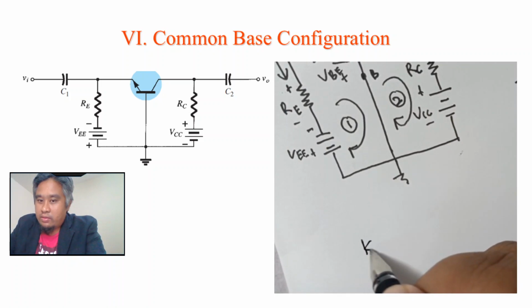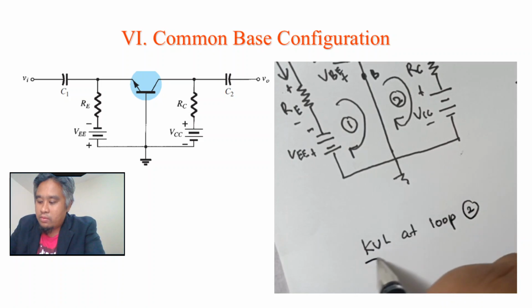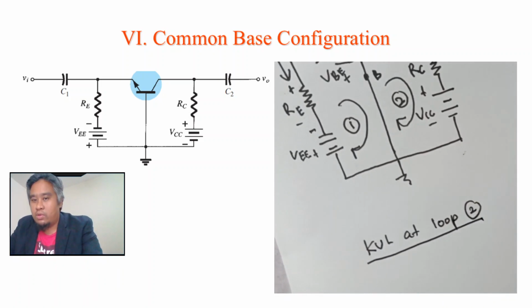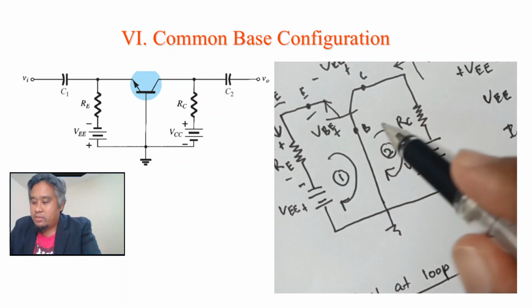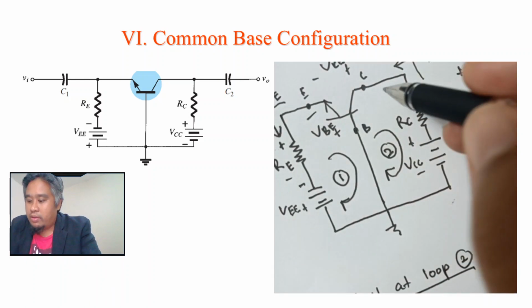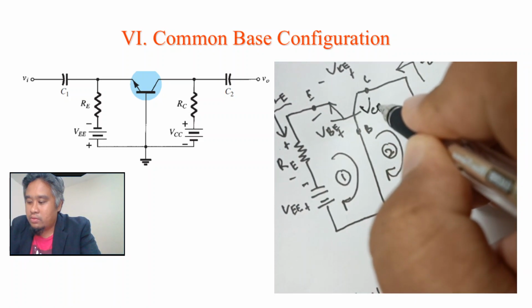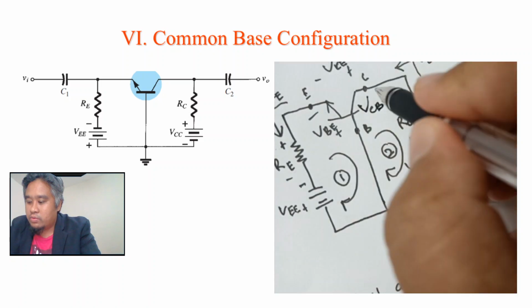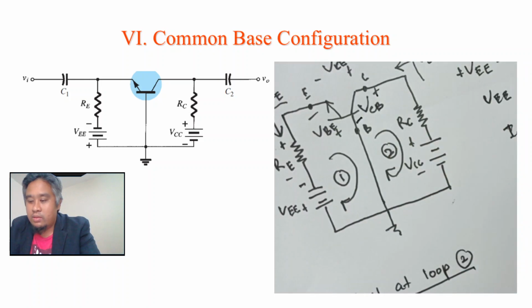So, KVL at loop 2. This is our direction of the loop, and this is our VCB. It's okay, either VCB or VBC, no problem.